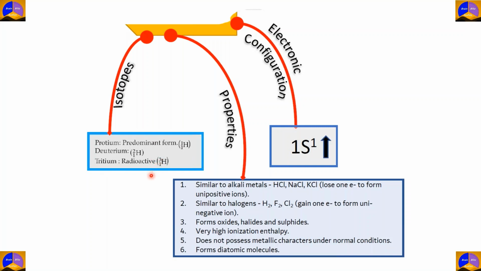It has 2 neutrons and 1 proton in its nucleus, and its concentration is 10 raised to minus 15%, which is very, very low. Deuterium, by the way, has 0.0156% as its abundance in the universe. So with regards to protium, deuterium and tritium have very low concentrations.